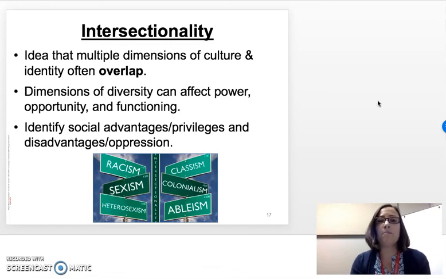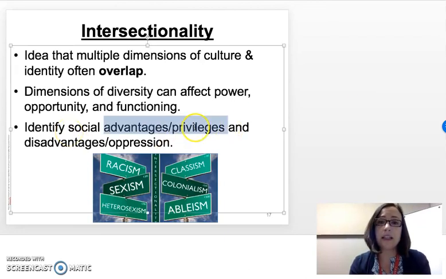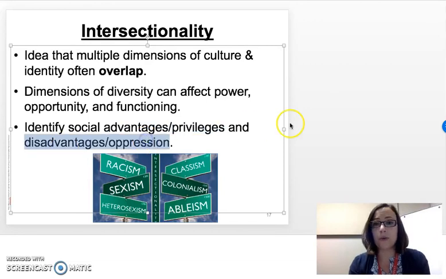We know that members of the LGBTQ community are more likely to experience homophobia, for example. So depending on how each one of these elements of a person's identity intersect with one another, that is going to contribute to our experience of privilege or oppression or discrimination.